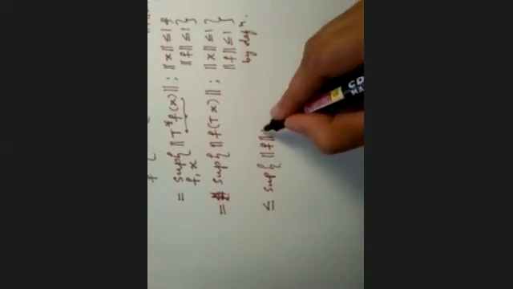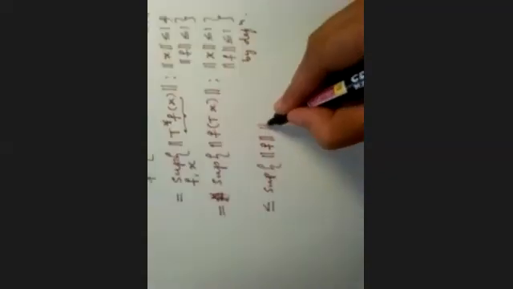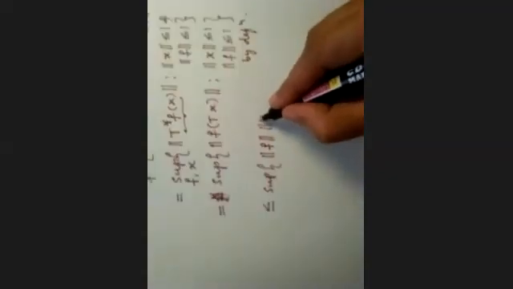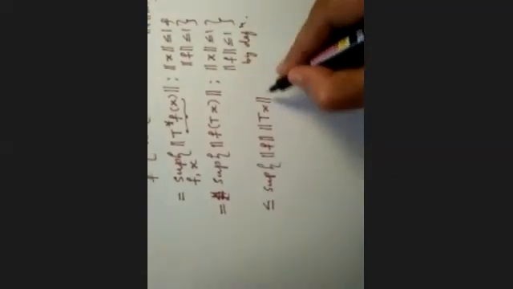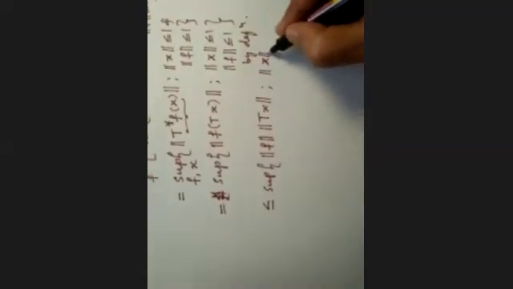Norm F, and again Tx can be split: norm F outside and norm Tx, so norm X less than or equal to 1, norm F less than or equal to 1. Okay. Now again this can be split. So again less than or equal to supremum of norm F, norm T, norm X such that norm X less than or equal to 1 and norm F lesser than or equal to 1.